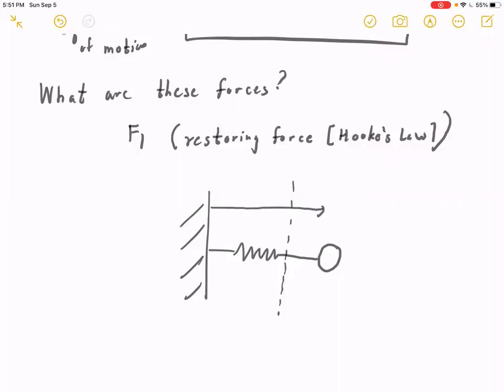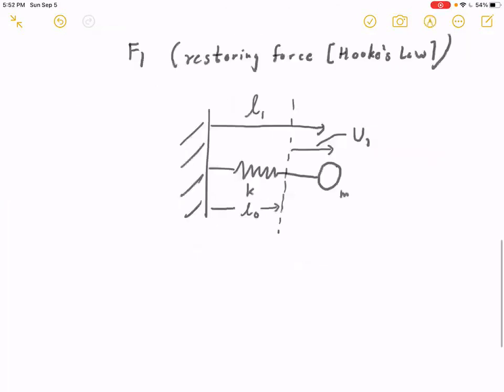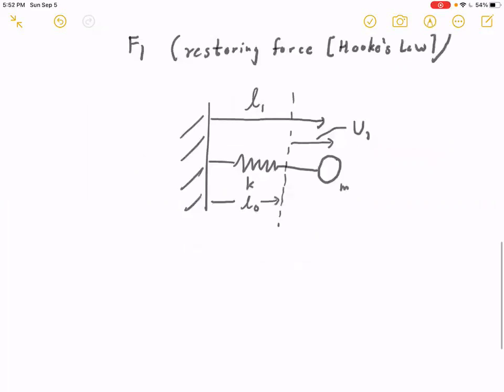Namely, I will move the mass to the right by a displacement u sub 1. The distance from the wall to the original equilibrium position of the mass is L naught, and L sub 1 is just the sum of u sub 1 and L naught.